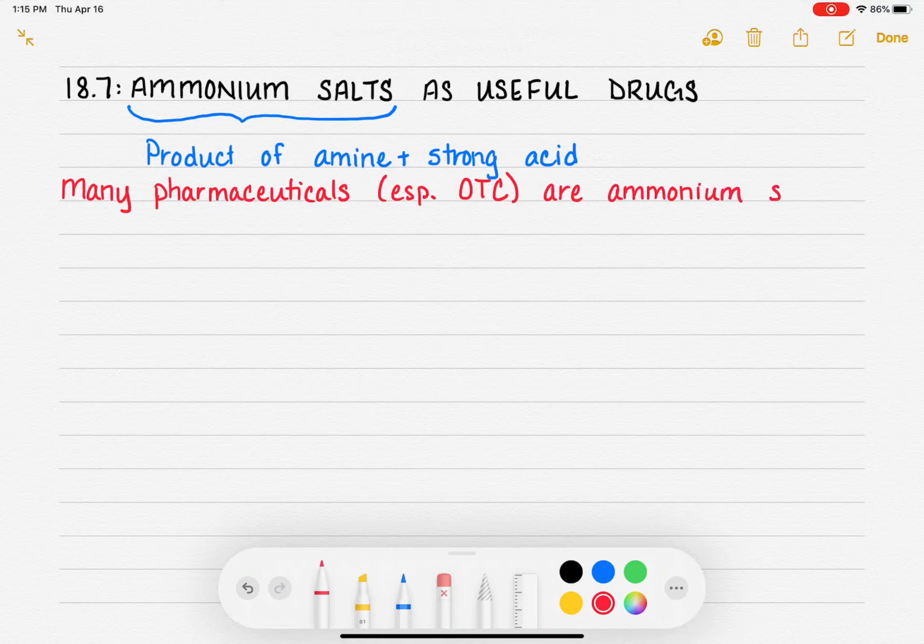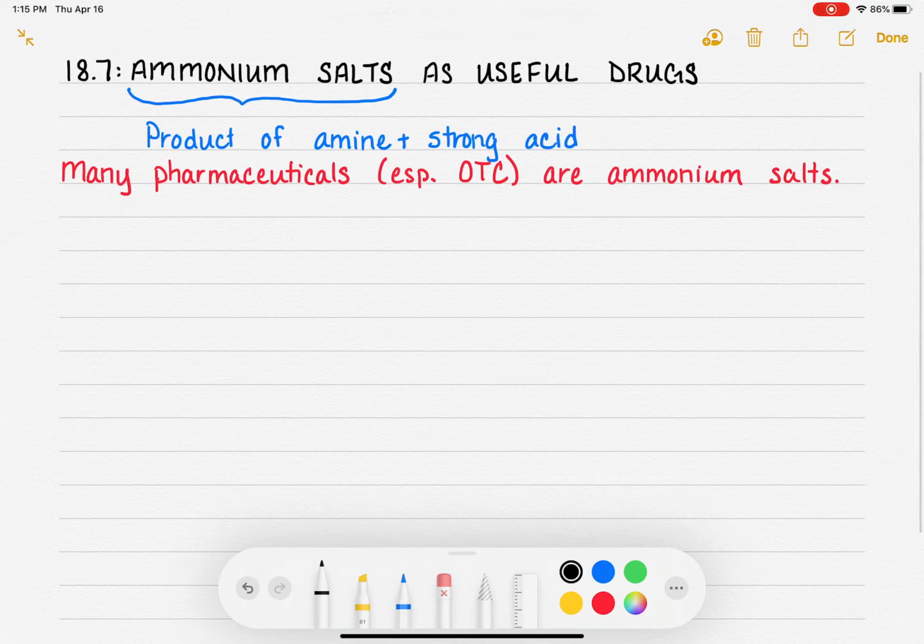And so if you actually get up right now and go look at your medicine, like your cold medicine or your flu medicine, you're going to find a lot of ammonium salts inside those jars, those bottles and boxes and things like that. So here's one example of a medicine that you might have.